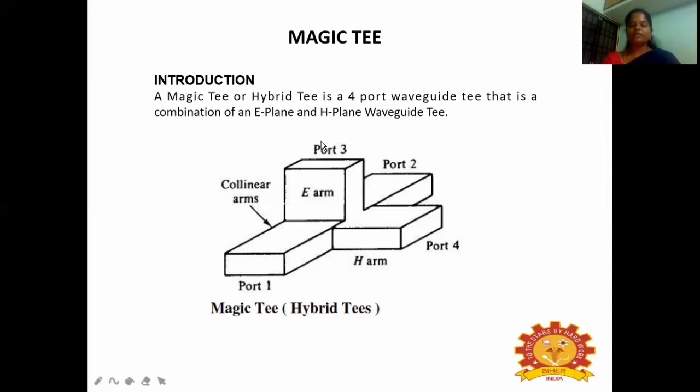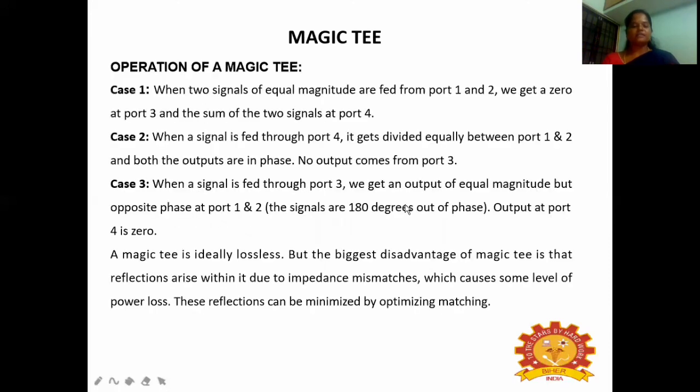Similarly, if the input signal is applied at port 3, then the signal is equally divided in magnitude, but the phase will be opposite. The signals obtained at port 1 and port 2 are opposite to each other, but there won't be any signal at port 4. These are the 3 cases.